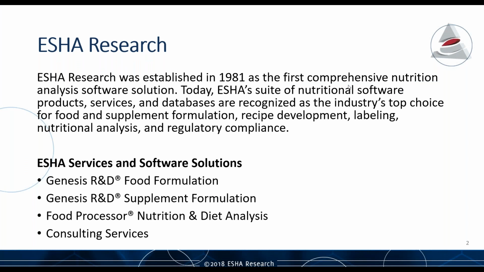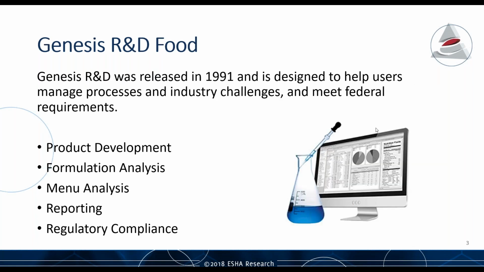The information that we always go over every webinar: ESHA Research was established in 1981 as the first comprehensive nutrition analysis software solution. Today ESHA has a large suite of software, including the Genesis R&D suite, food and supplements applications, the food processor, and our consulting services.